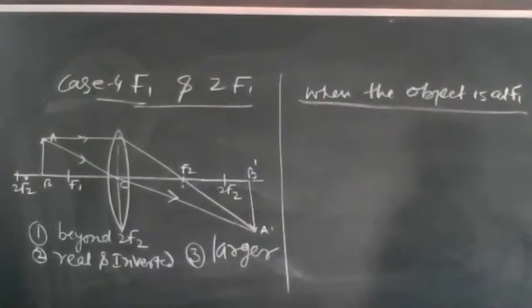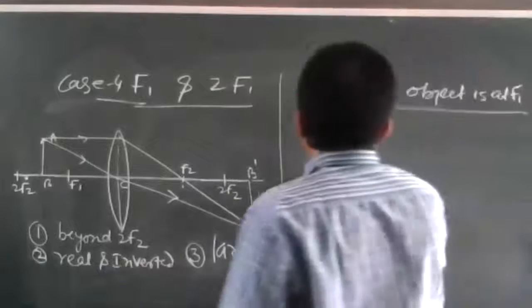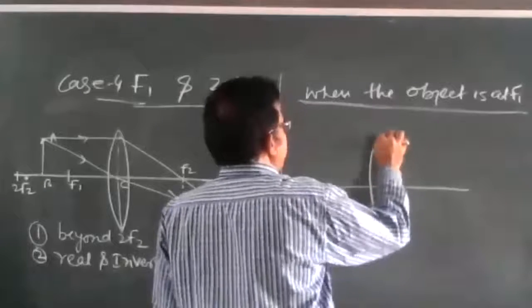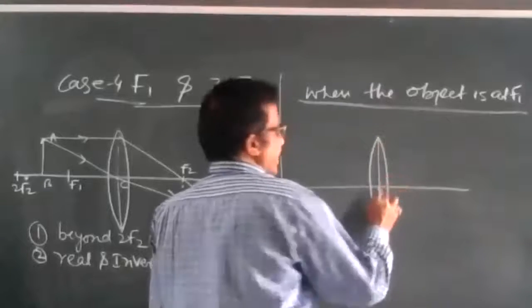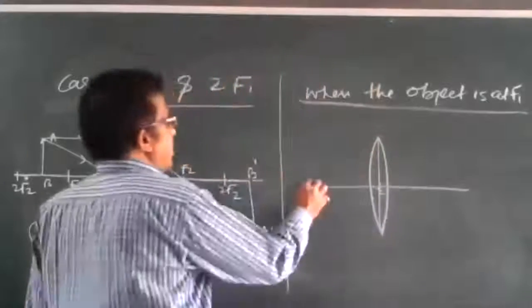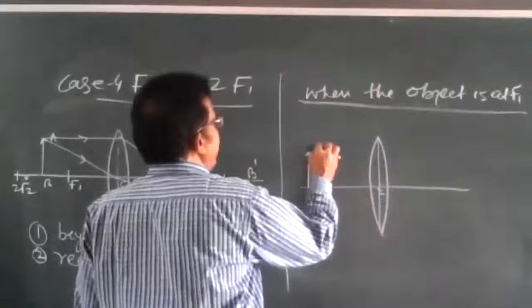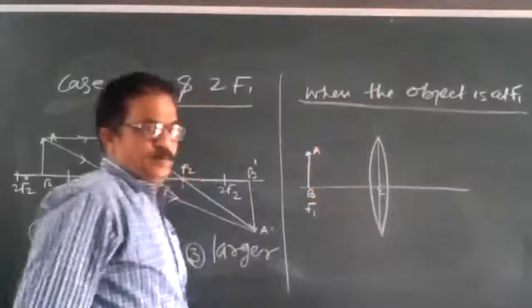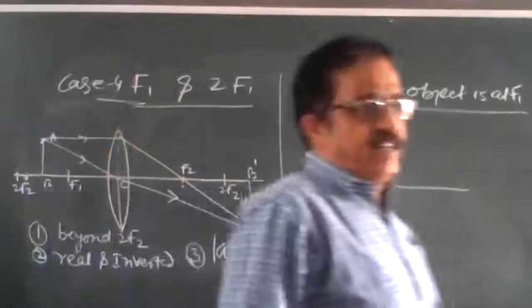What can we see here? Suppose this is our principal axis. This is a convex lens. Here is the optical center. So my dear children, suppose the object is kept over here, AB. It is at the focus.